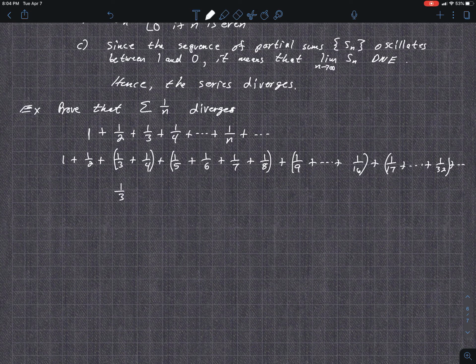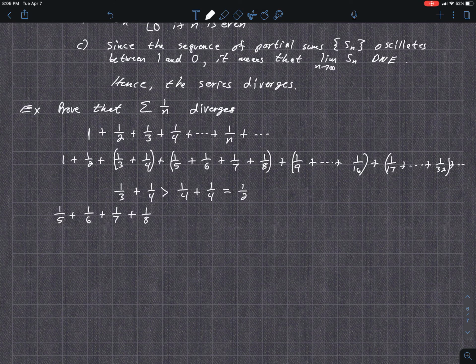And then we look at these different inequalities. So we can see that if we take 1/3 plus 1/4, that has to be greater than 1/4 plus 1/4, which is equal to 1/2.